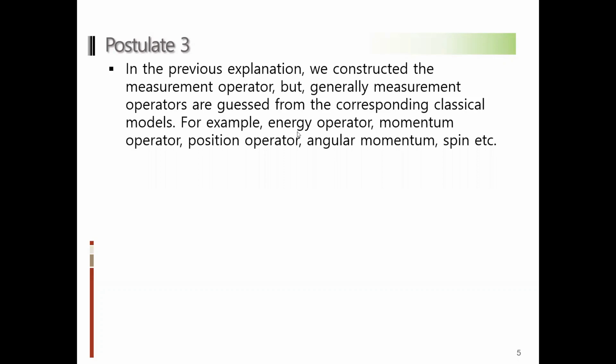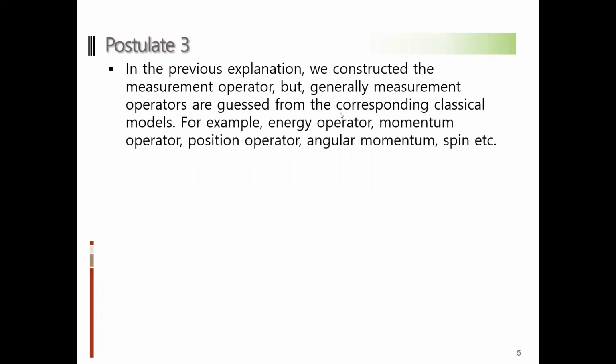For example, we have a well-defined concept of energy, and there is roughly a one-to-one correspondence between the classical measurement value like momentum and some special operator corresponding to the momentum, and position also has such an operator.